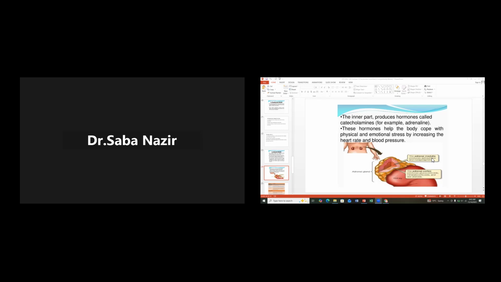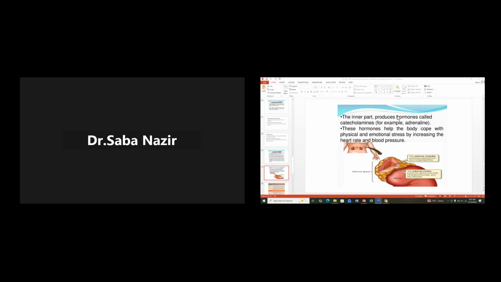Maybe from your previous knowledge you know that the adrenal gland is responsible for the production of adrenaline. But now we need to know which hormones are produced from the adrenal cortex and which hormones are produced from the adrenal medulla.